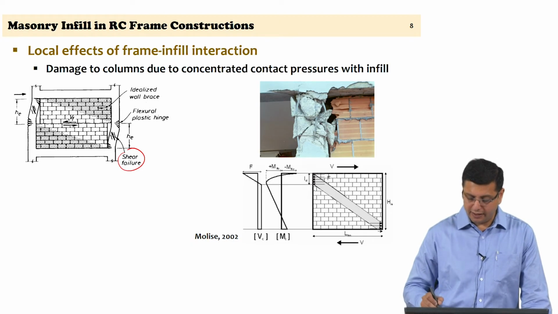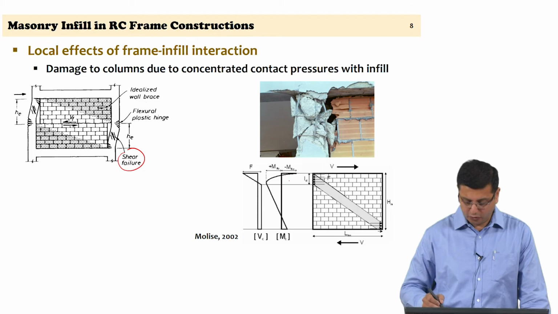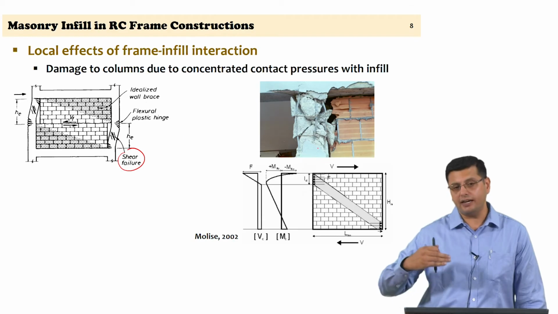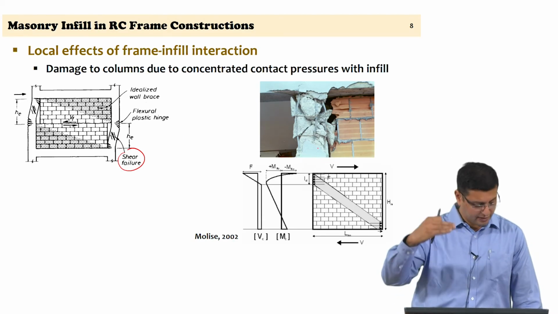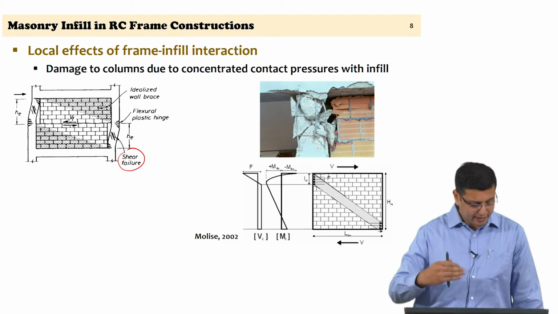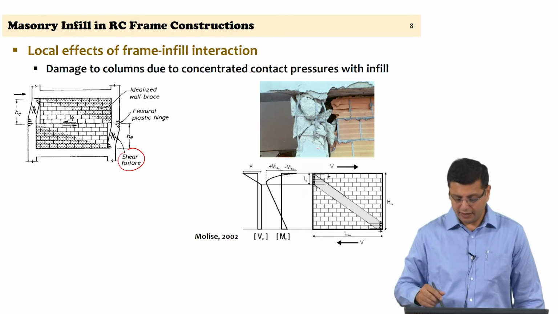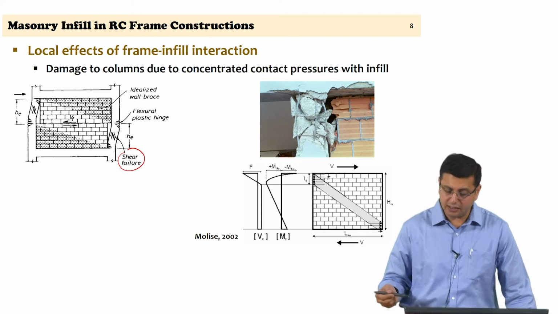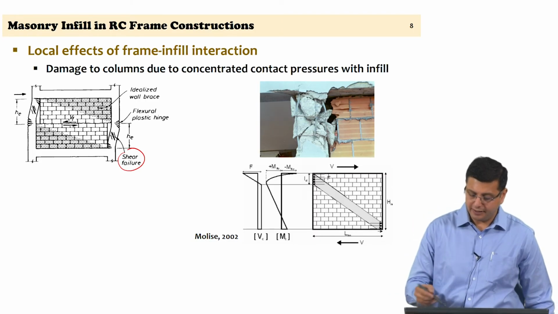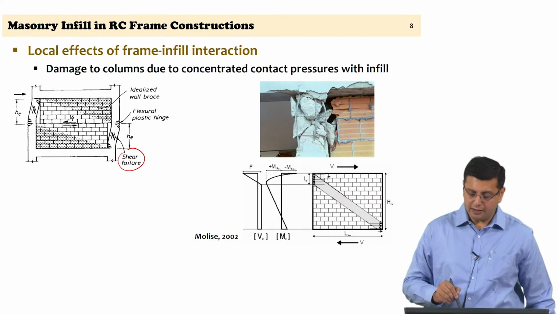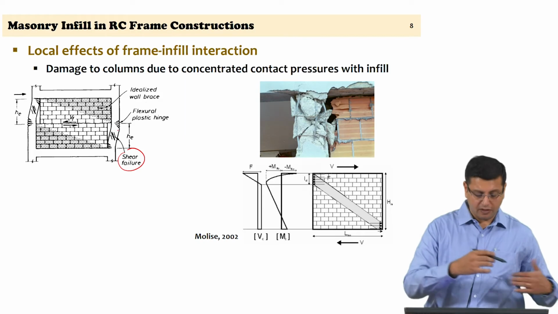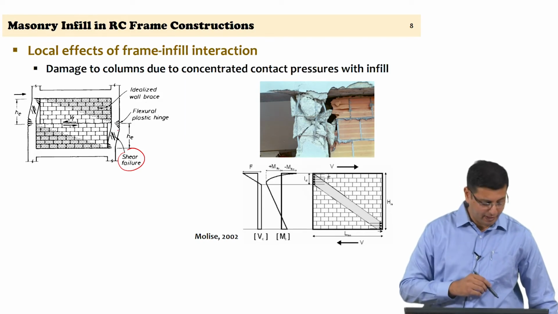Here the contact is occurring close to the beam column joint, and this additional shear force that comes in at this zone, if the reinforced concrete column is not adequately designed to have necessary links, necessary ties in that zone, can cause shear failure in the reinforced concrete column itself. So, you can see that it is this transfer of shear forces due to contact pressures that has increased the shear demand on the column. It is the same in both the cases, even in the case where the panel is failing by shear sliding.